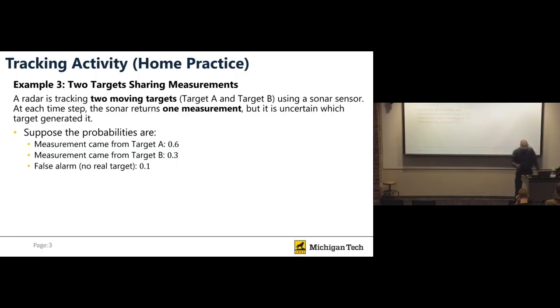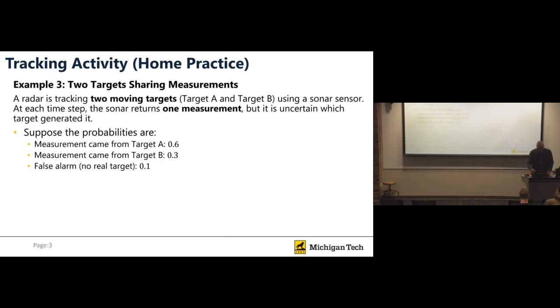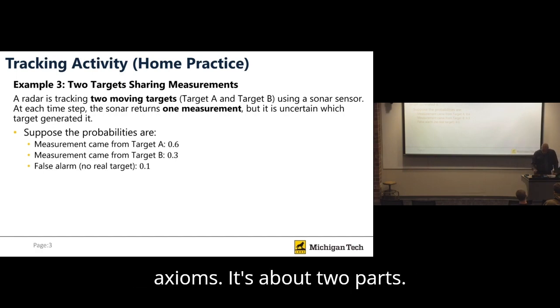So in this example, last class we explained a little bit about axioms. However, this is not about axioms. This is about two parts.